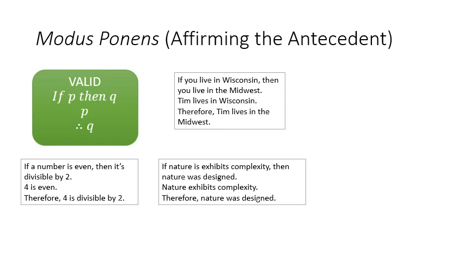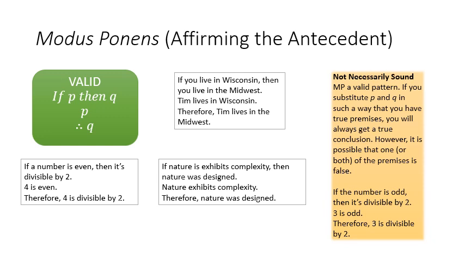If nature exhibits complexity, then nature was designed, so if P then Q, nature exhibits complexity, therefore nature was designed. This is a famous argument called the design argument. It's one of the multitude of arguments for the existence of God. So again, if both of those premises are true, then the conclusion has to be true. Wouldn't that be nice if both of those premises were in fact true, because then you would know that God exists.